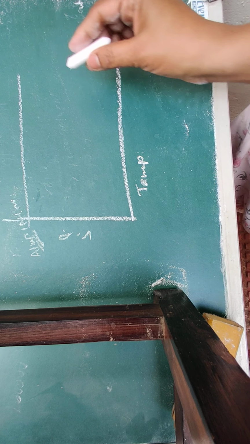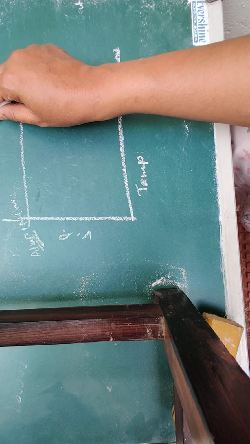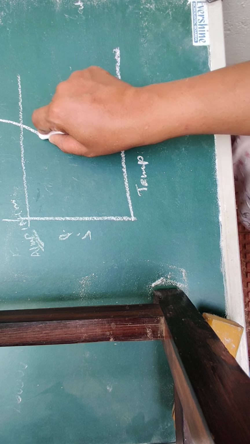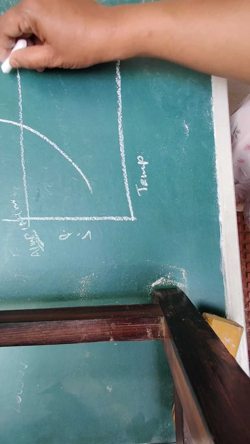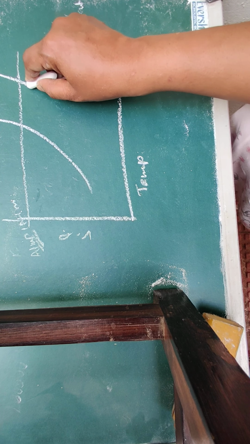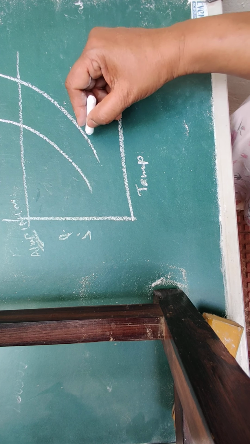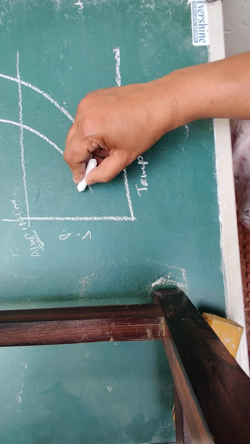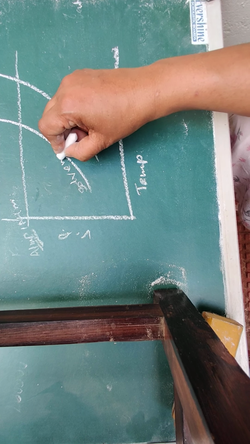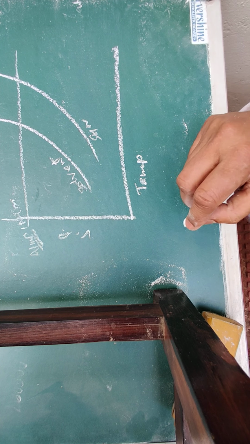We will have two curves, one for the pure solvent and another for the solution. The curve which is below will be for the solution and the other for the pure solvent.